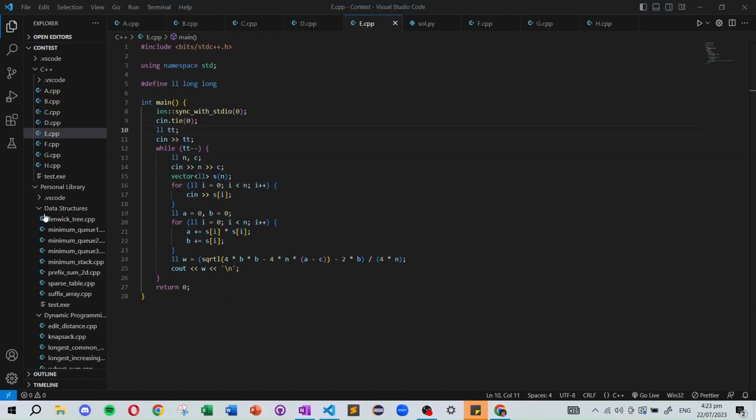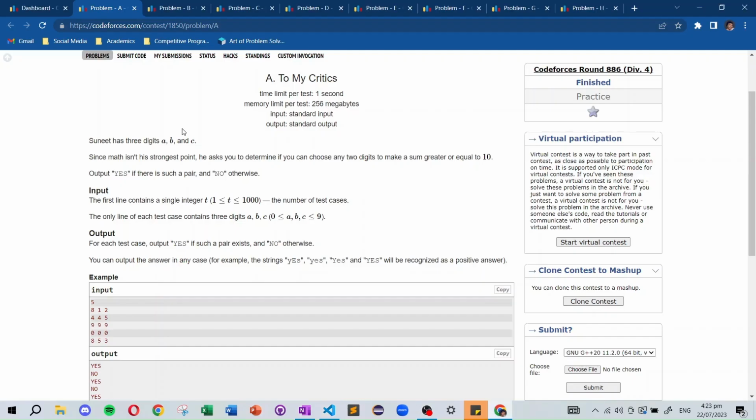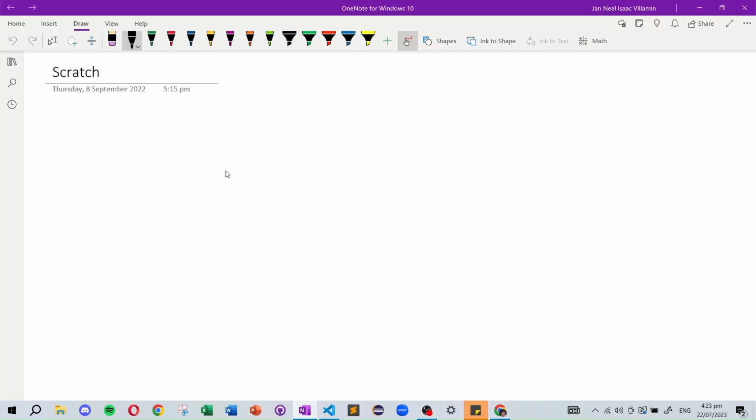And that's exactly what I did. I stored an array of three elements, sorted them, and determined whether the sum of the last two digits is greater than or equal to 10. I also read the editorial, and what they did instead was check the sum a plus b plus c, and then subtract the minimum of these three.